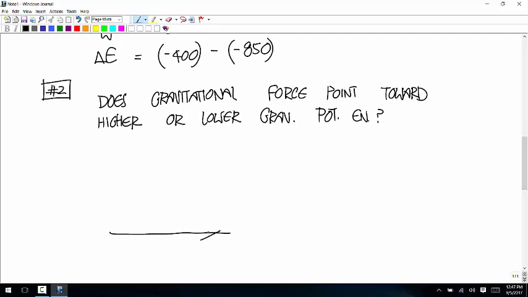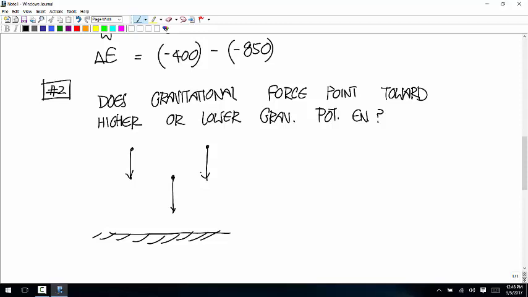So gravity, no matter where you are, it's always pointing down, right? If that's a force field, that's the direction of the force at each point.